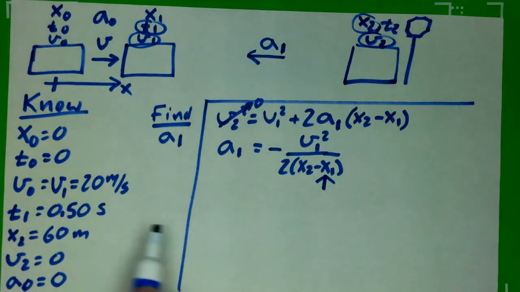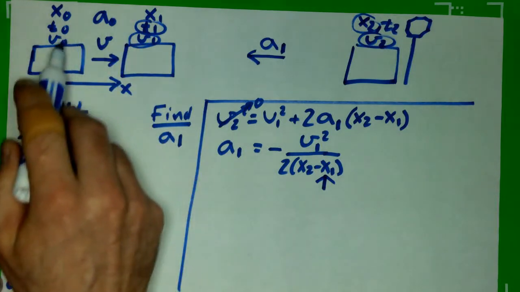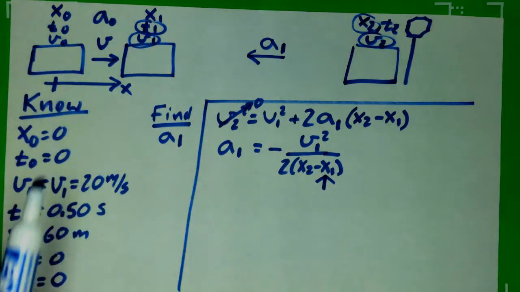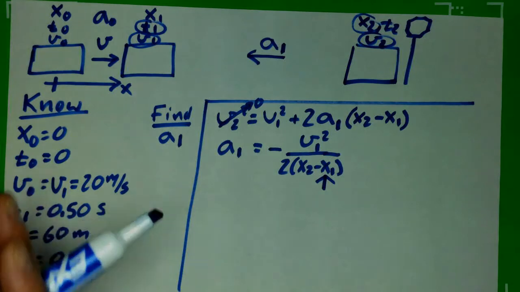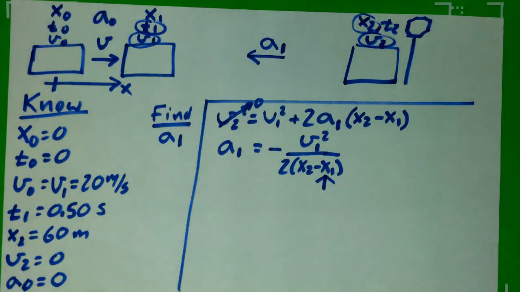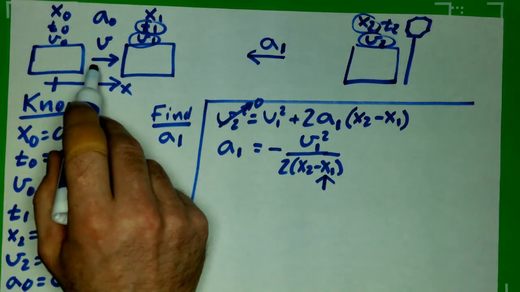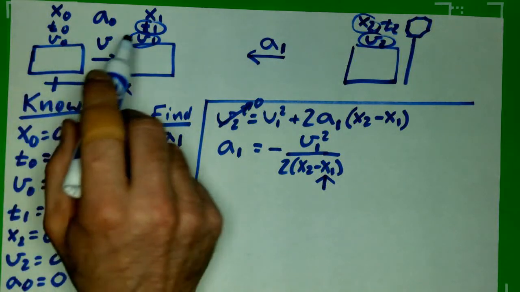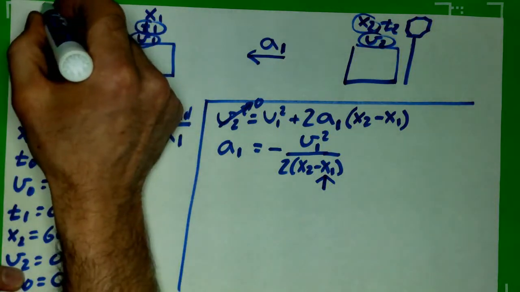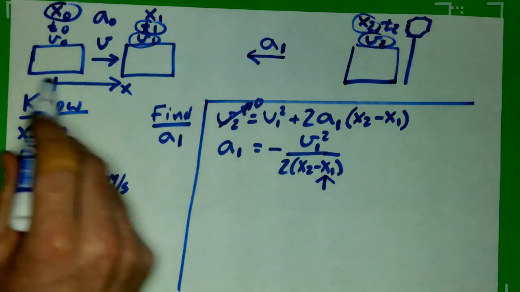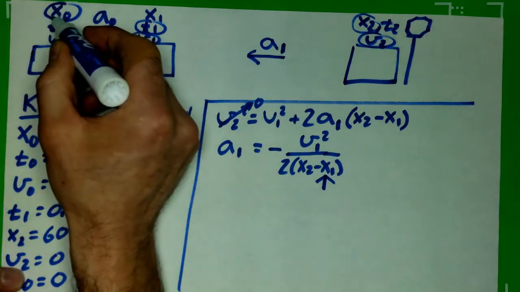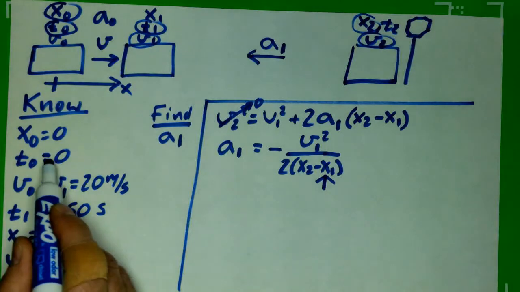So that means we need a pause, and we need to use other parts of the problem. So let's go over here to this one and see what is there that can help us find this unknown value. Okay, looking at this one, this is constant speed, so this one's going to be fairly easy. I know my initial position by my choice of coordinate system. I know my initial time by my choice of time.